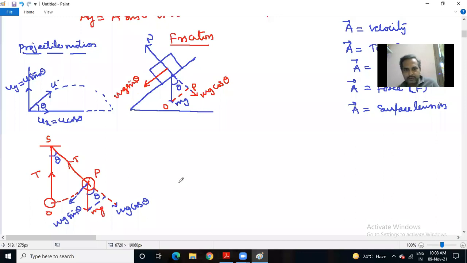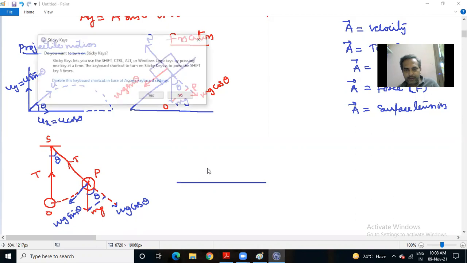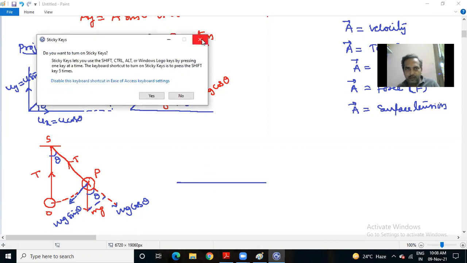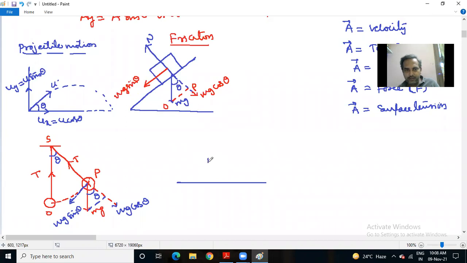You can also discuss another example. Suppose while pushing and pulling a body, I'll explain only pushing. Suppose this is the body. The fundamental thing is mg acts vertically downwards towards the center of the earth, against which there will be a normal reaction.